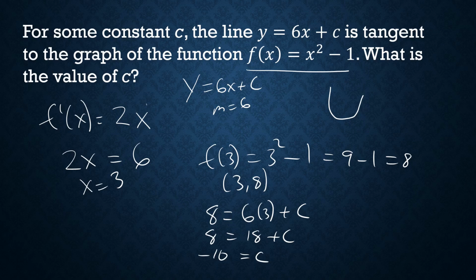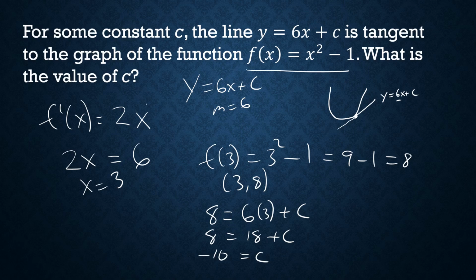So in this problem, we had to use our knowledge of tangent lines. We have some graph. We have some tangent to the graph. Okay, that gives the equation to this line. The tangent line is 6x plus c. So we know the slope of the tangent line is 6. We find our derivative, which was 2x. We set that equal to 6.